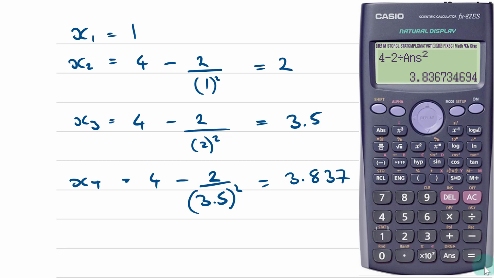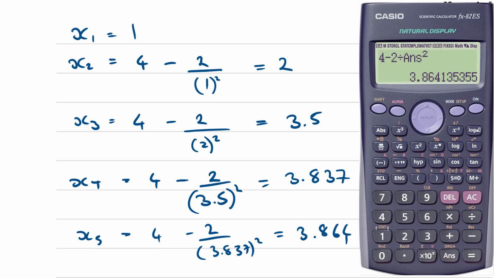Okay, so then x5 is going to be 4 minus 2 lots of 3.837 all squared. But I just need to press the equal button. That gives me 3.864, so it's still not quite settled down.